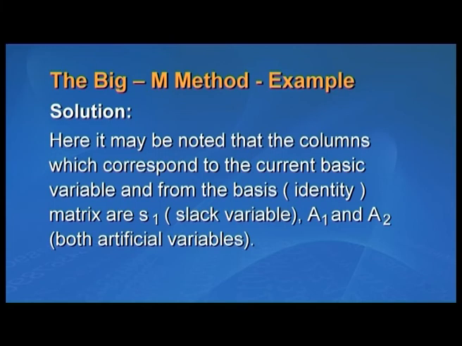Here it may be noted that the columns which correspond to the current basic variables and form the basis identity matrix are s1, the slack variable, and a1 and a2, both artificial variables.